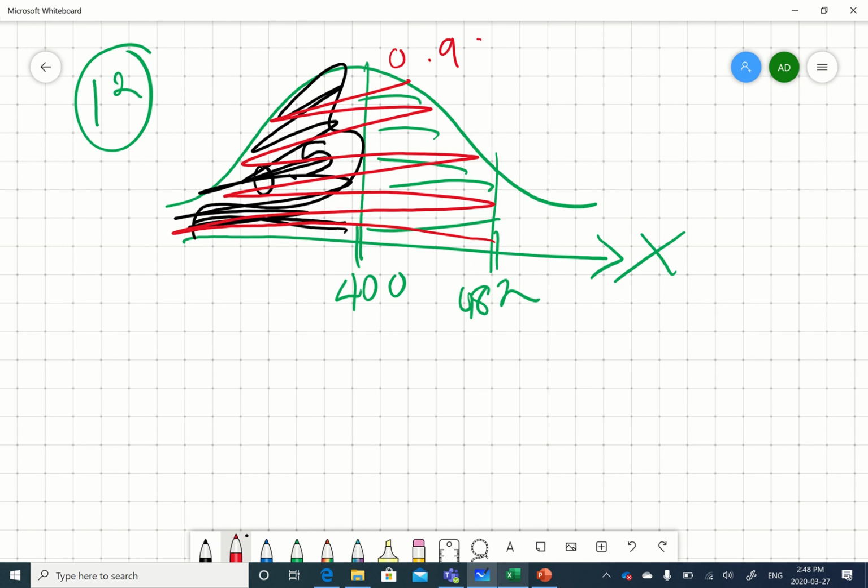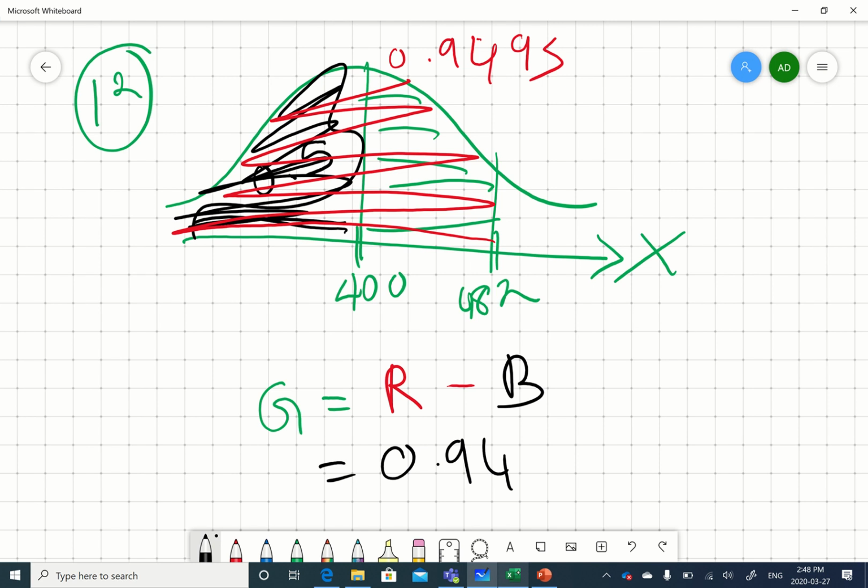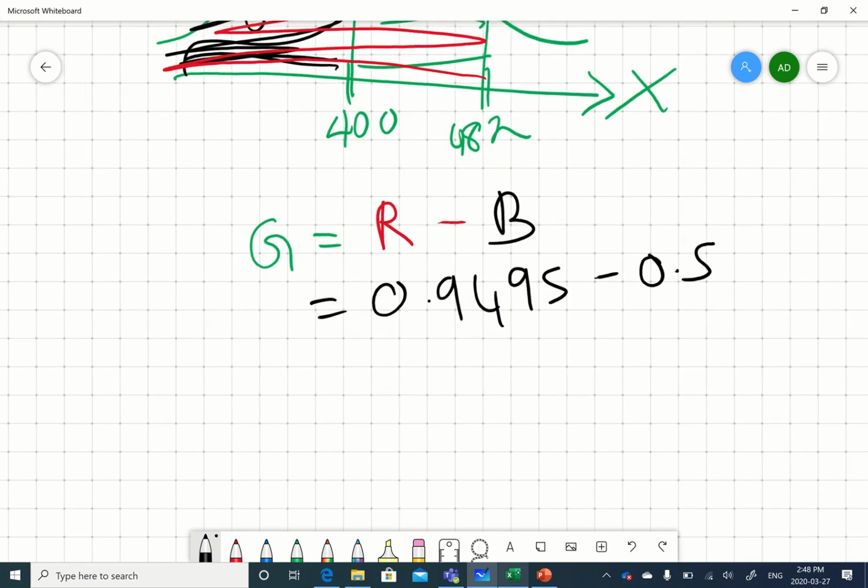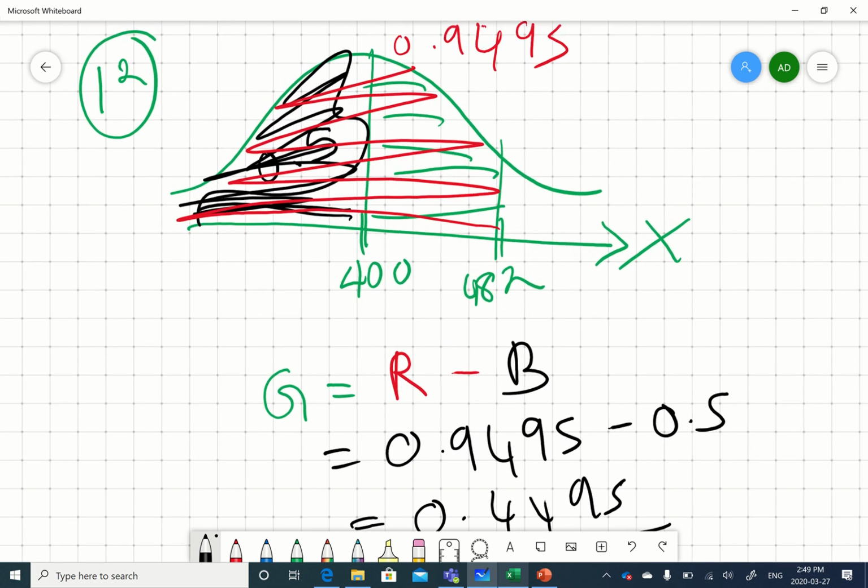So the green area equals red minus black. 0.9495 minus 0.5 is 0.4495. That is the area in between.